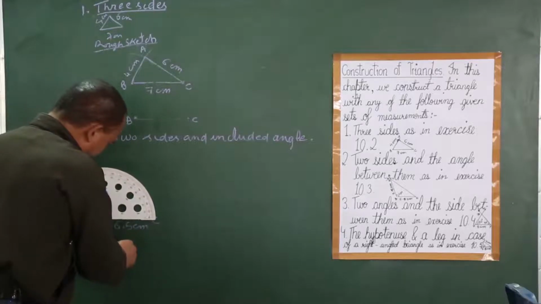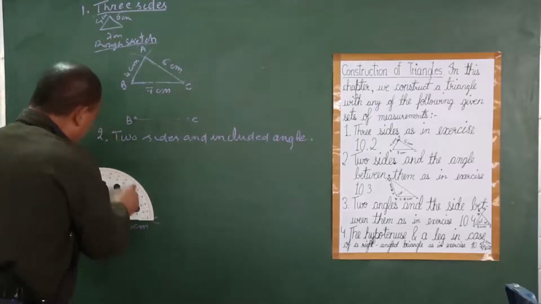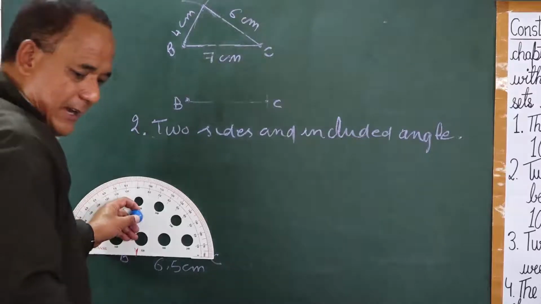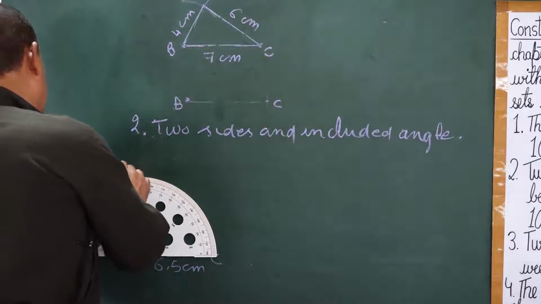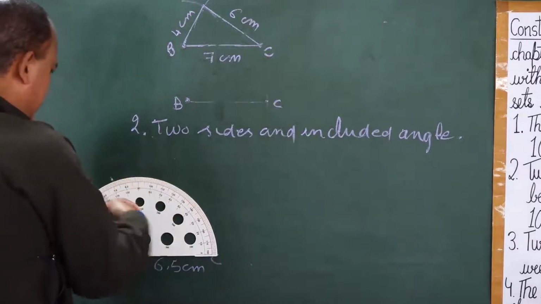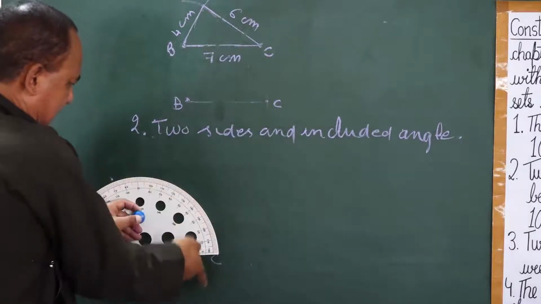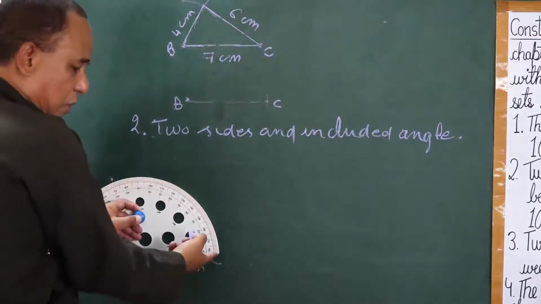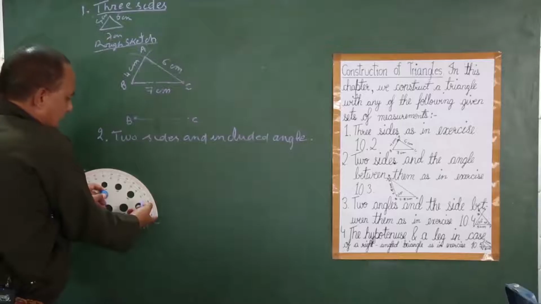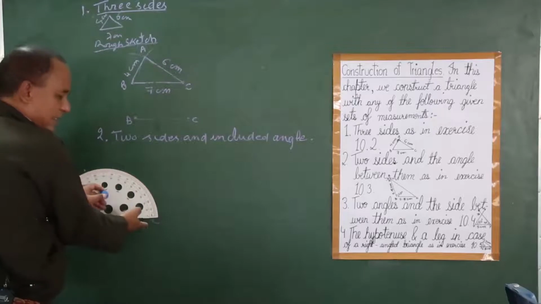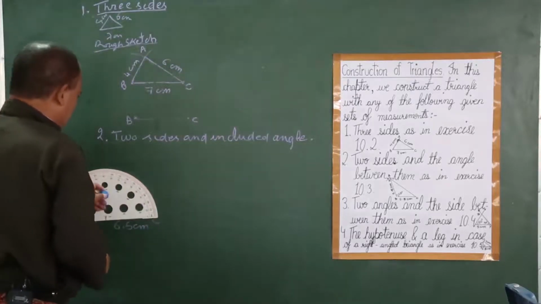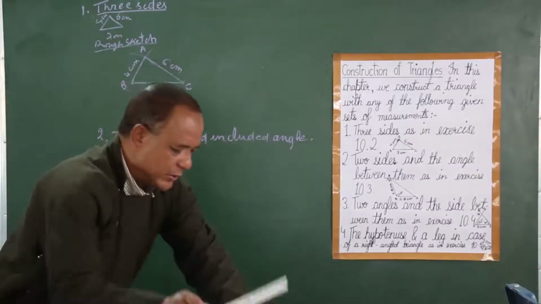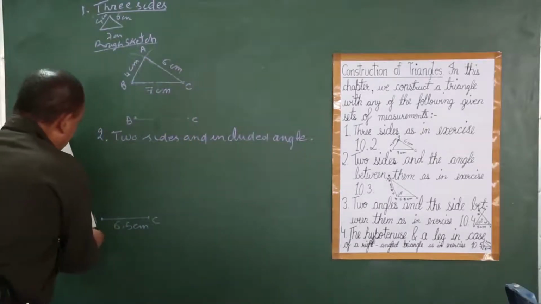So once you do that, what is the angle we want to have now here? It is 110. Going from C towards this means anti-clockwise. We are going anti-clockwise now, 110. So once you do that, you draw a line.